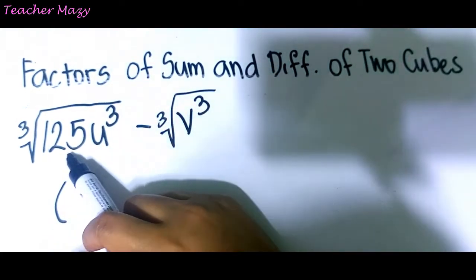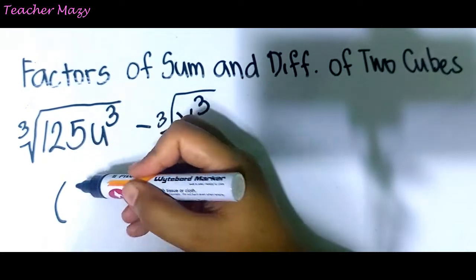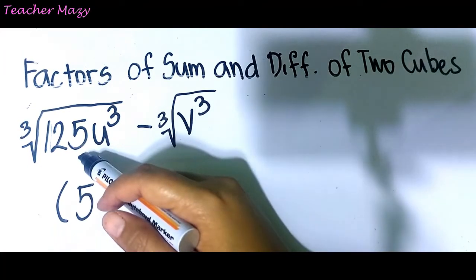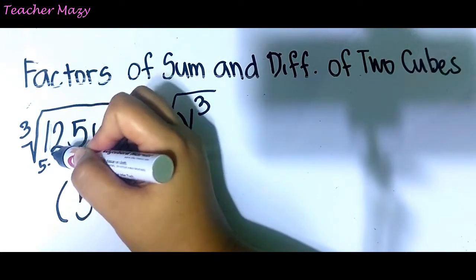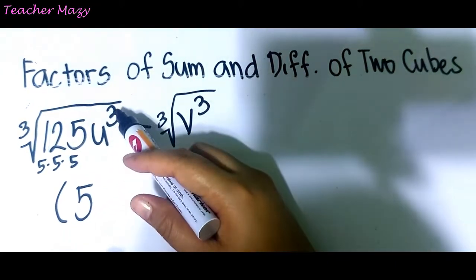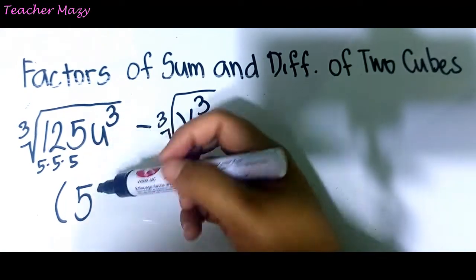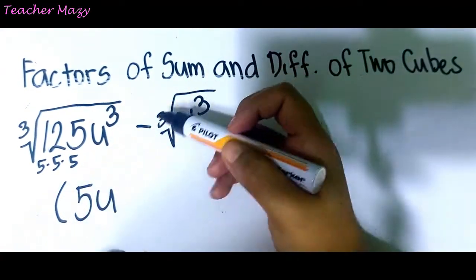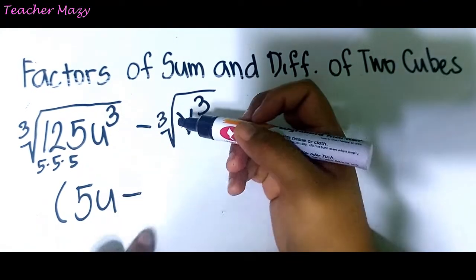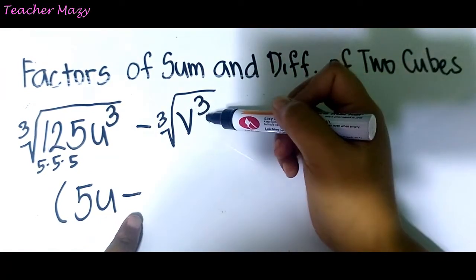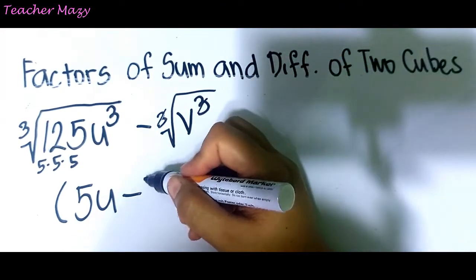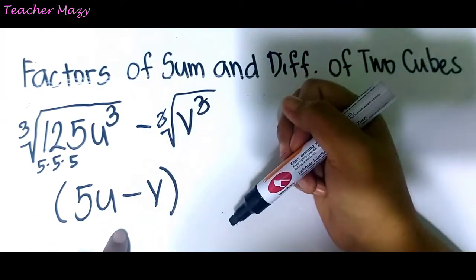So the cube root of 125 is equal to 5, because 5 times 5 times 5 is equal to 125. Next, the cube root of u cubed is equal to u, and since this is minus here, the operation here should be minus also. And then the cube root of v cubed, we just cancel it, that is v, and that will be the first factor.